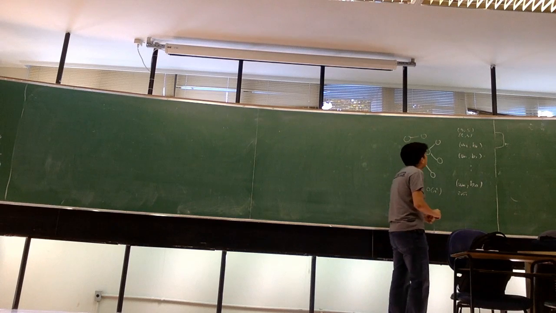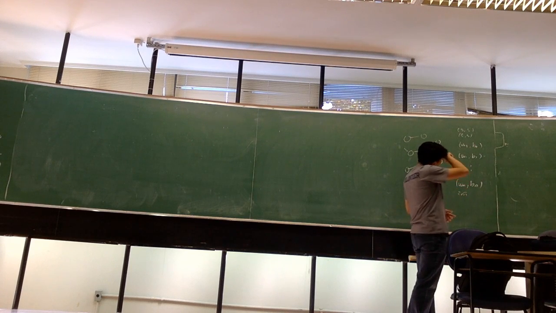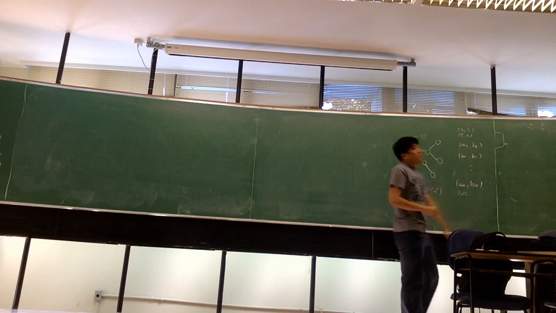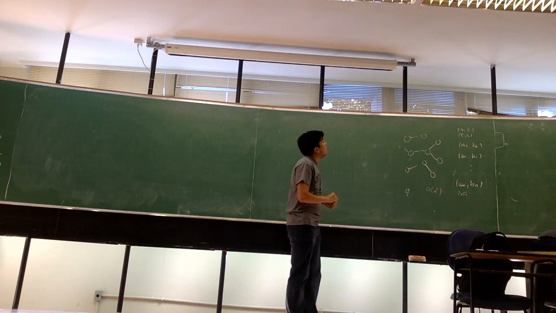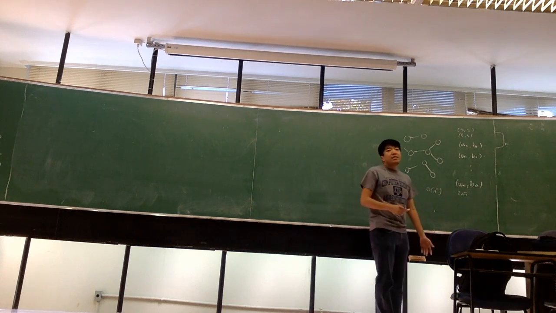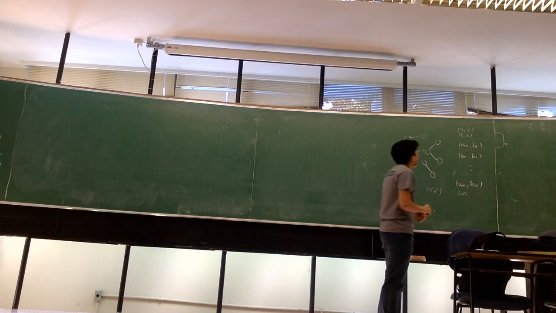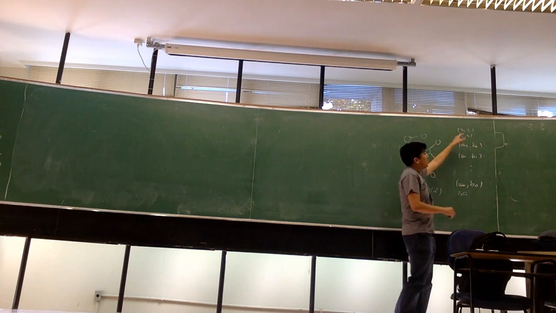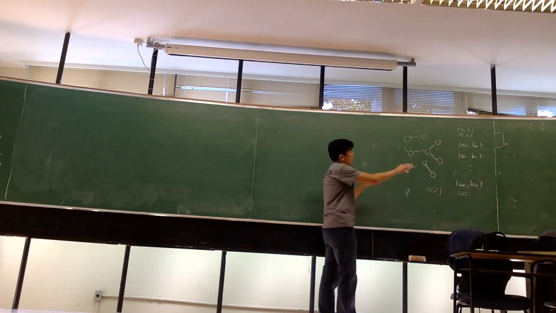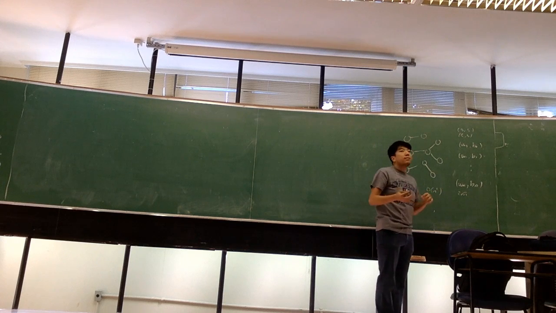Because we know that if I sum all these differences, the sum cannot exceed n, right? Because each difference is the difference between the number of black nodes and white nodes in the component.